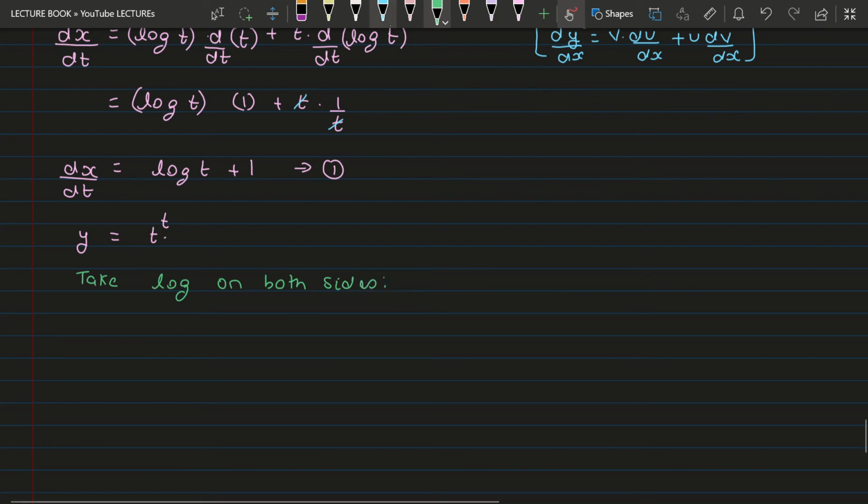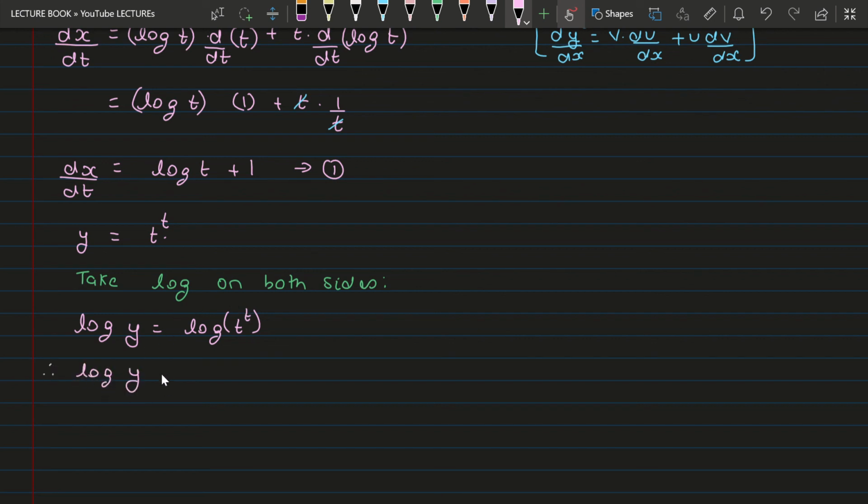So when we take log, what do we get? Log y is equal to log of t to the power t, and as you know, the value of t in the power comes down behind the log because of the property of log, which becomes like this: t log t.